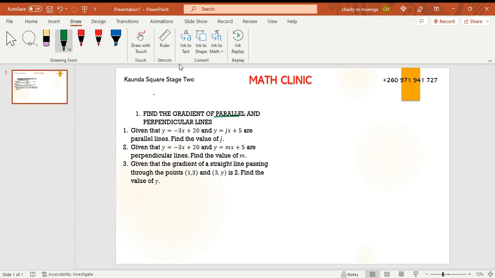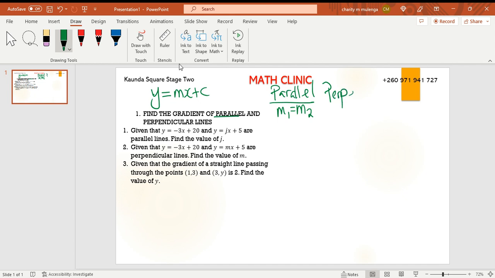Now, before I go any further, please note that the y-intercept form of the equation of all straight lines looks like this. This is a linear function in which m is the gradient. All right. Then please bear in mind that parallel lines share the same gradient. So the gradient of the first line is equal to the gradient of the second line.